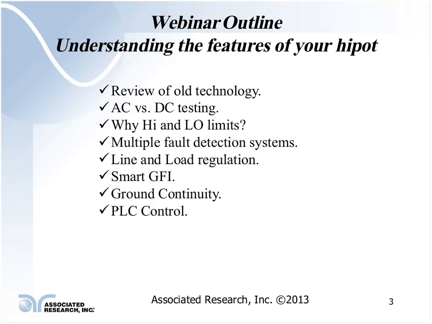We have high-speed shutdown detectors that are essentially set at the maximum capacity of the instrument. We have GFI detectors. So there's a lot of different detection circuits, and we're going to talk about what those do for us and what kind of advantages that gives you as far as interpreting what's actually going on during the testing also.